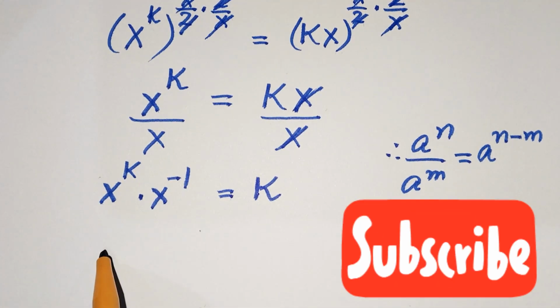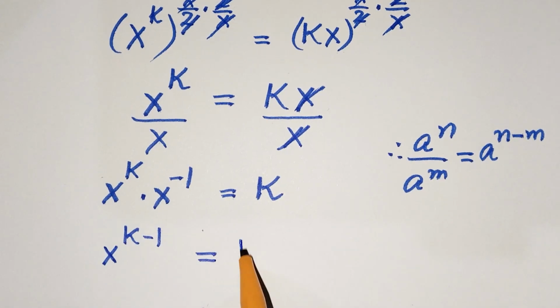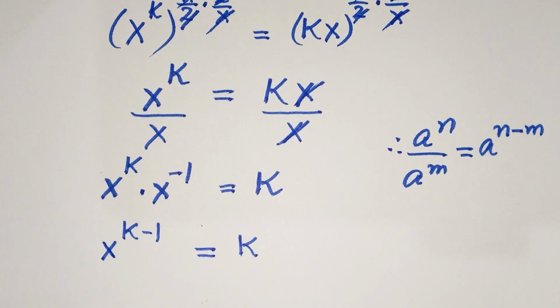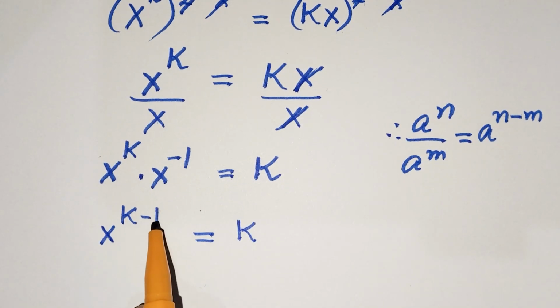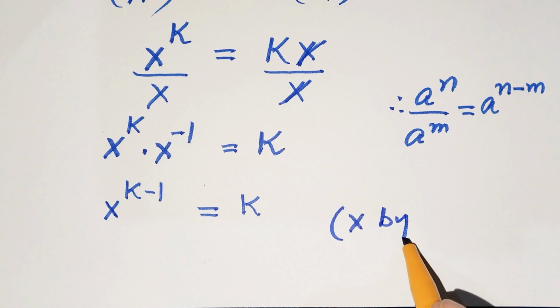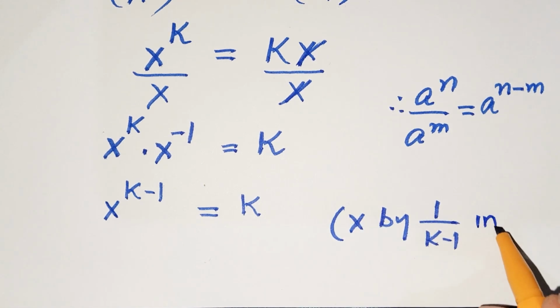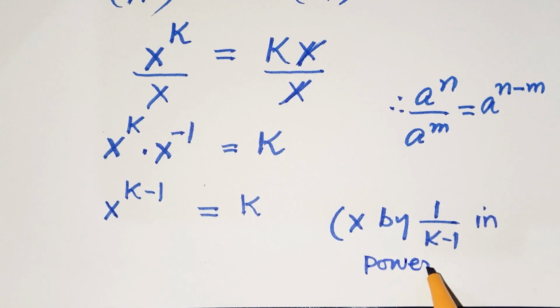Now x raised to the power k minus 1 is equal to k. Now to cancel this k minus 1 exponent, we multiply both hand sides by 1 over k minus 1 as an exponent.